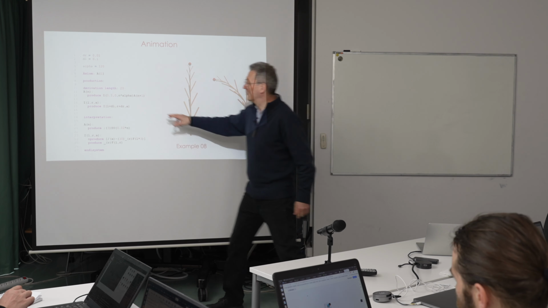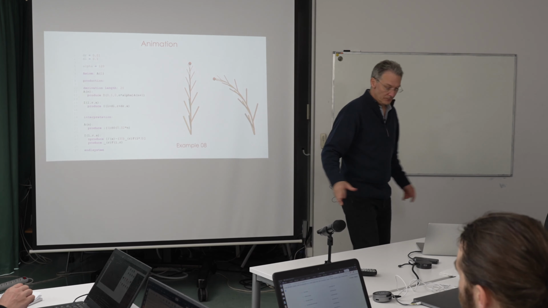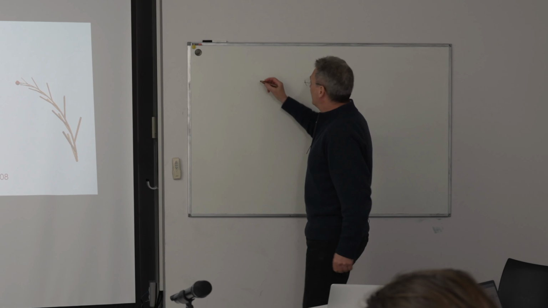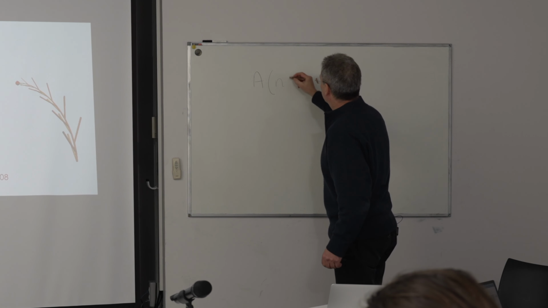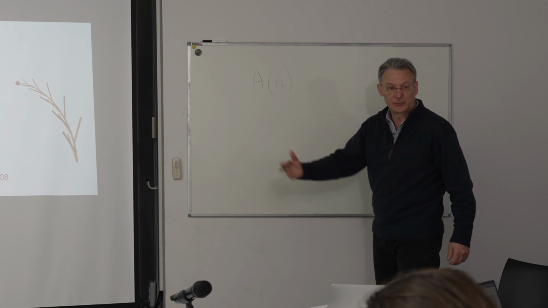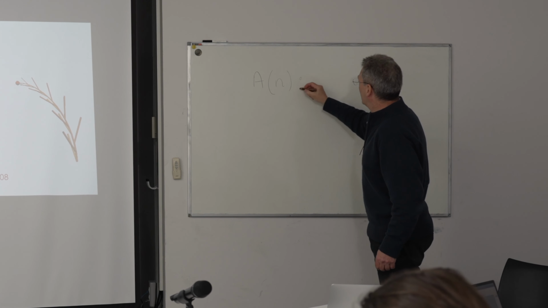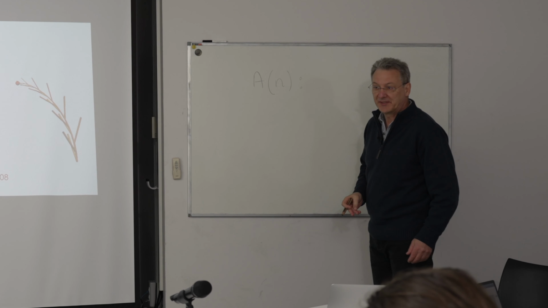Yes. I can have an apex that depends on a certain variable, say the age or the progress in the derivations. And I want to express a production rule about this apex.